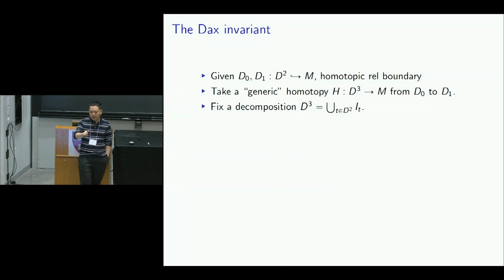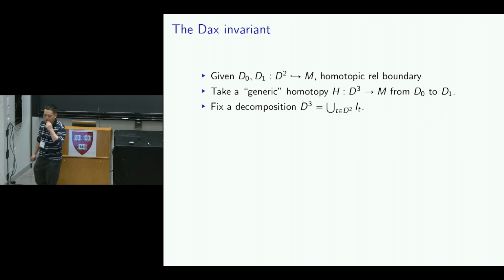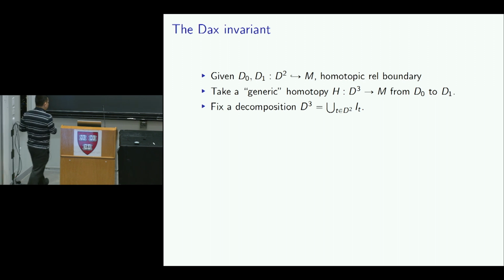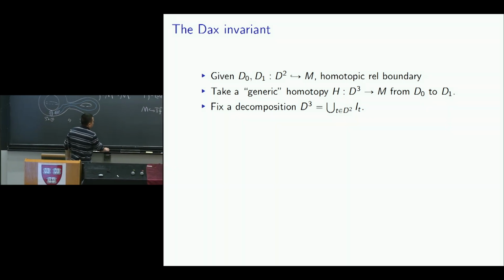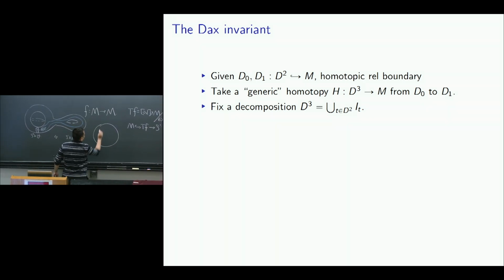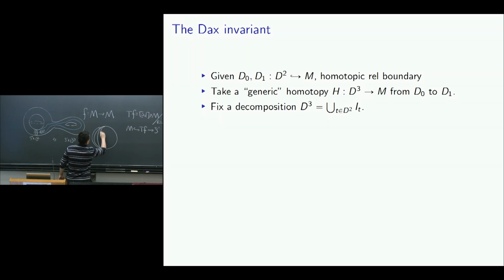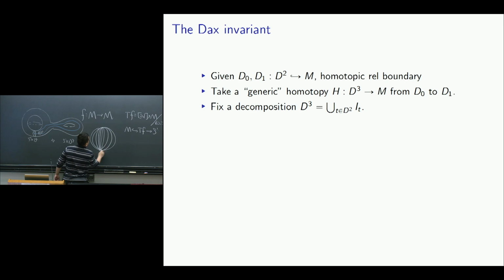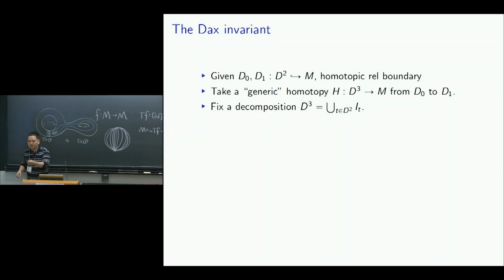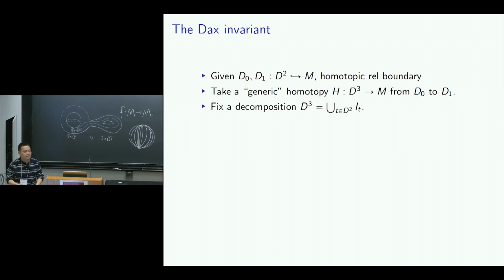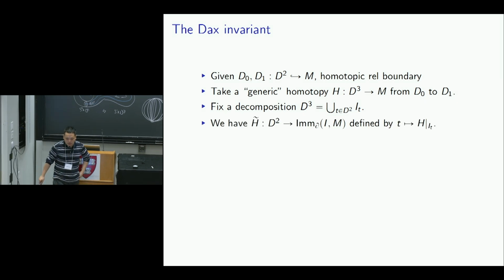Now let's fix a decomposition of this three-dimensional disk into a two-dimensional family of arcs. I'm drawing a two-dimensional picture, but it's like this. You can decompose this three-dimensional ball into a union of one-dimensional arcs, parametrized by a two-dimensional disk.